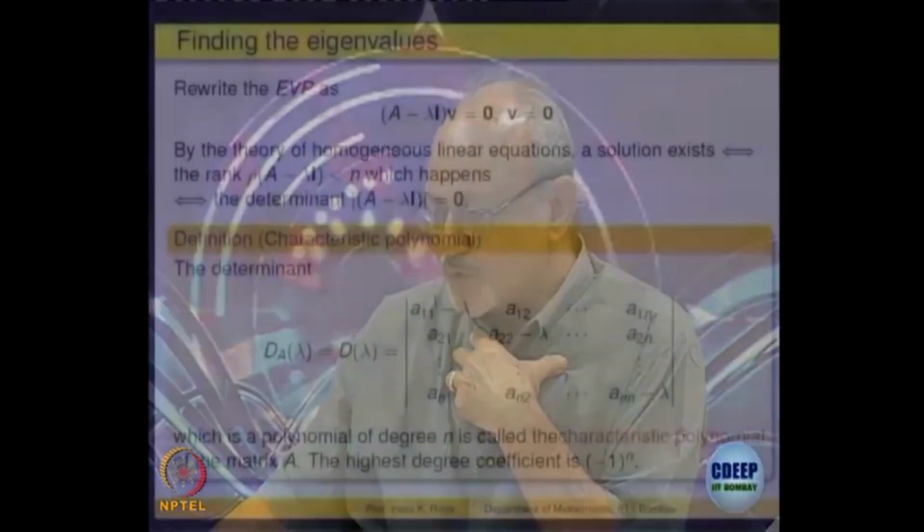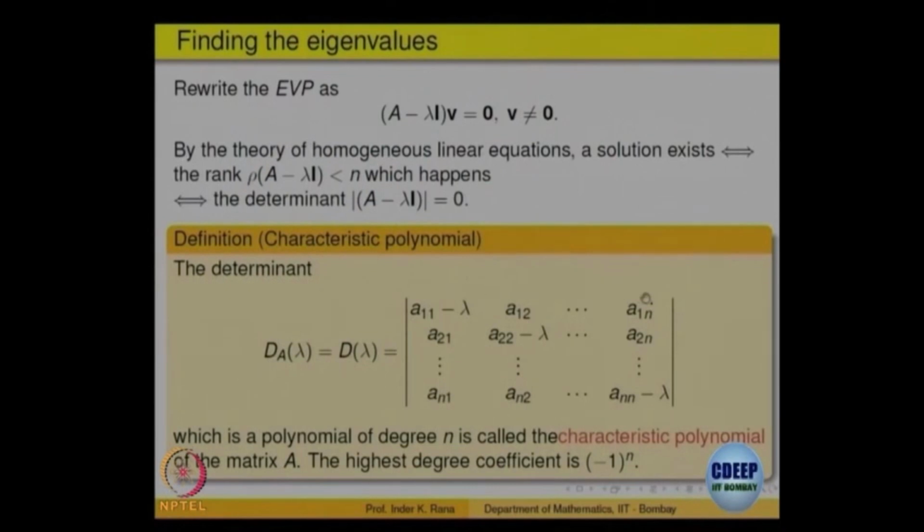In the 2 by 2 example, it came out as a quadratic, lambda square minus whatever that was. So, here suppose you expand by the first column. So, this will be gone and this will be gone. You will have A11 minus lambda into the determinant of the remaining.